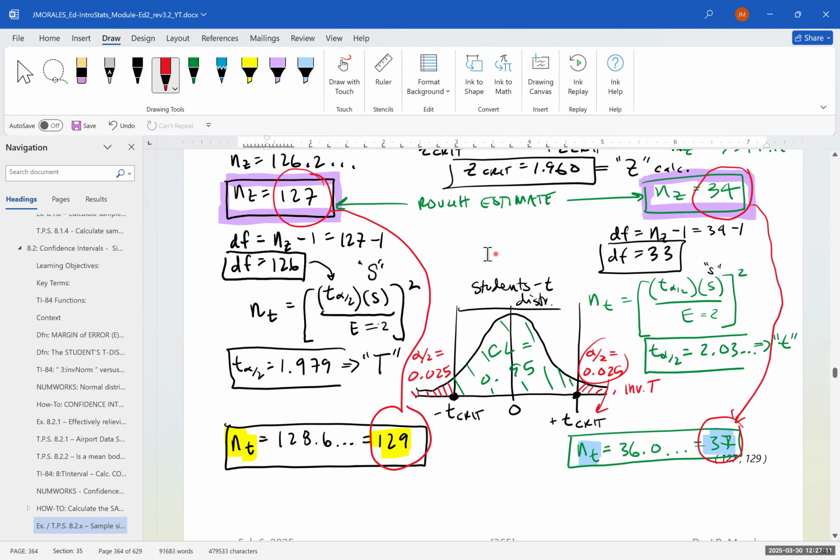So I would say this one was a little more advanced because it had more things we had to keep track of, not only on paper, but also in the calculator.